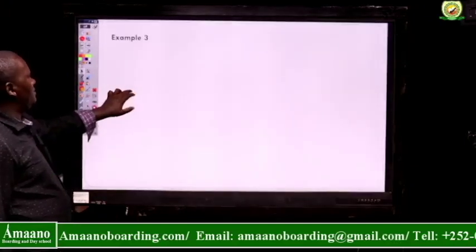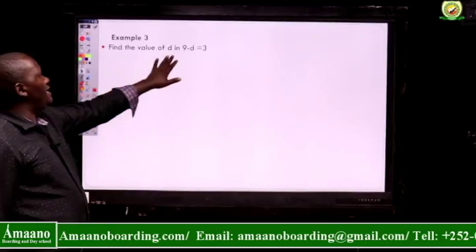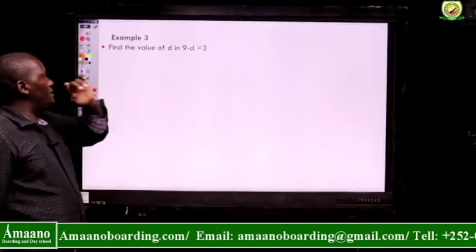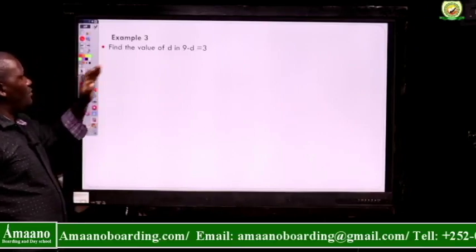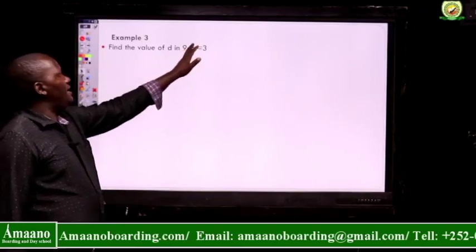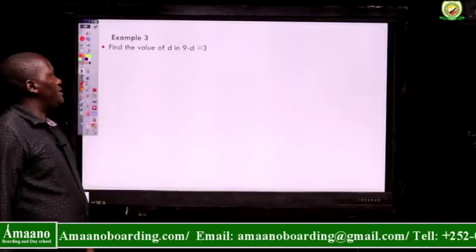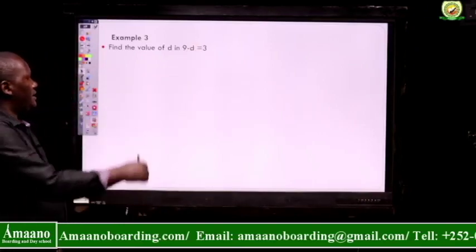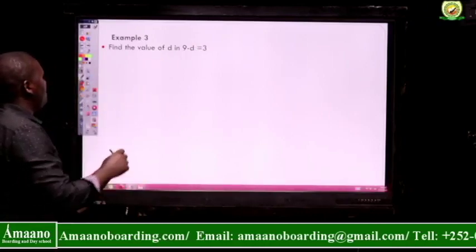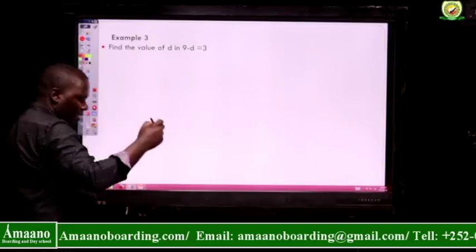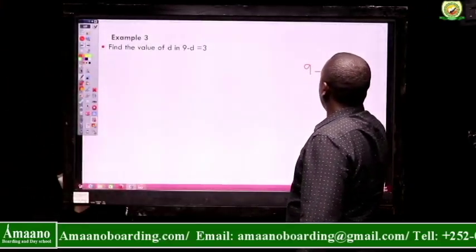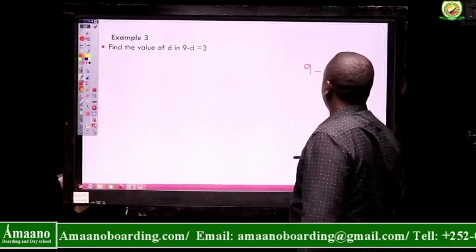I have here example 3: find the value of d in 9 minus d equals 3. We put like terms together. That is 9, minus another number, I will remain with 3. So I take 9 minus d equals 3.